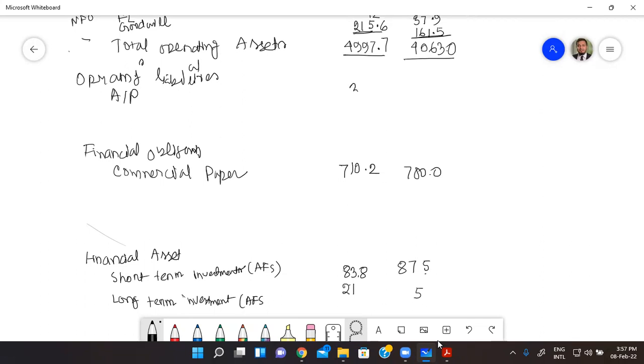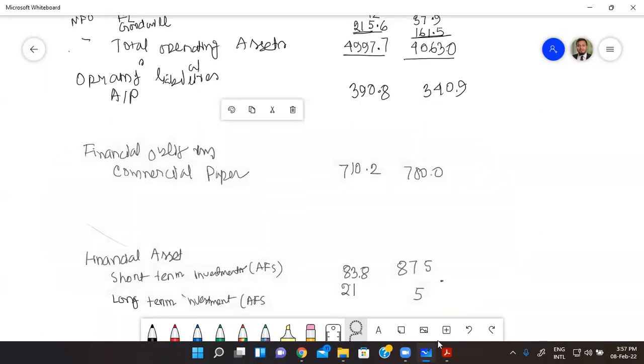It is 390.8 million in 2007, and in 2006 it is 340.9 million. Okay. So I have to take it to a more distant position.